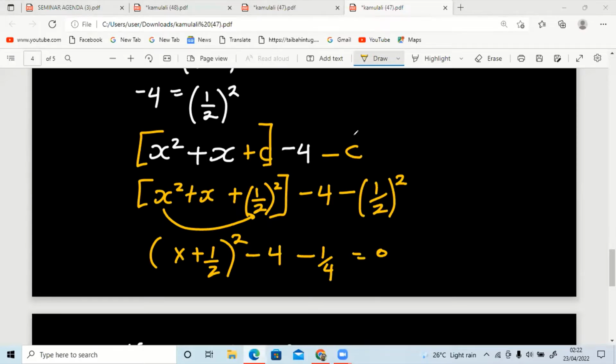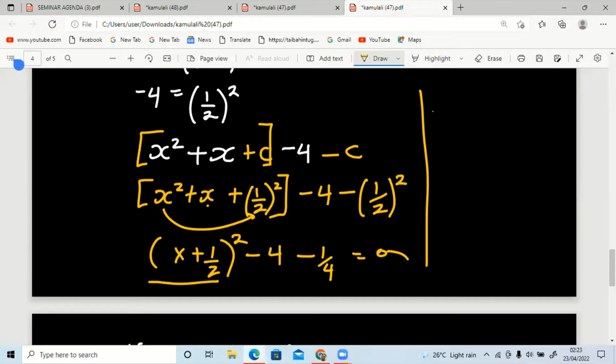Hope that point is clear whenever it comes to completing square. Okay, I have a question. How come we don't include the x in the middle? Once we expand this, the x comes out automatically. Expand this, the x will come back.